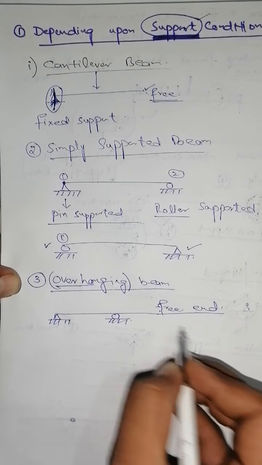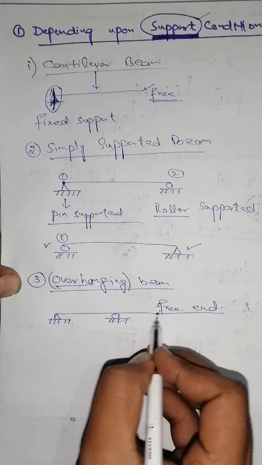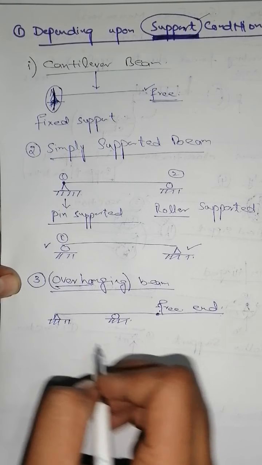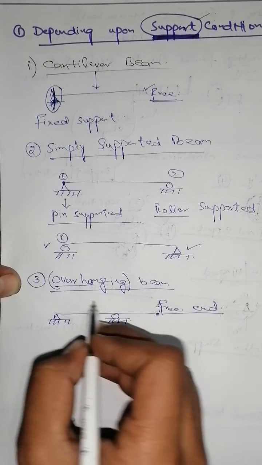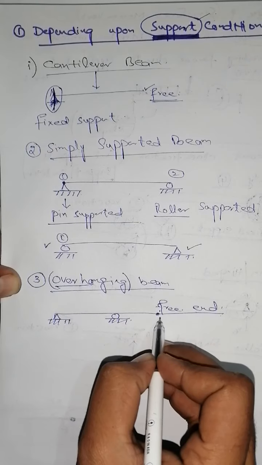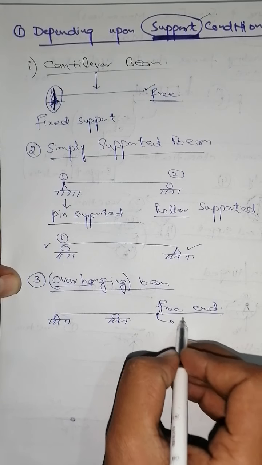If a beam has a free end at the far corner but has two or more supports, then this beam is known as an overhanging beam, that its one end is in air.